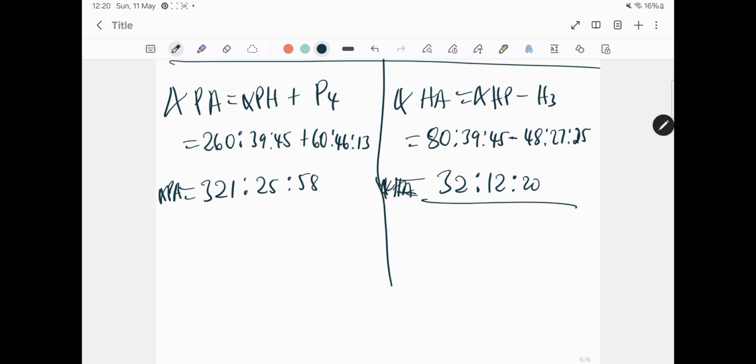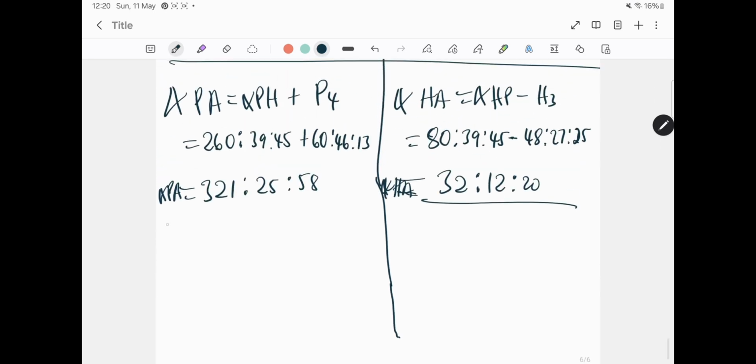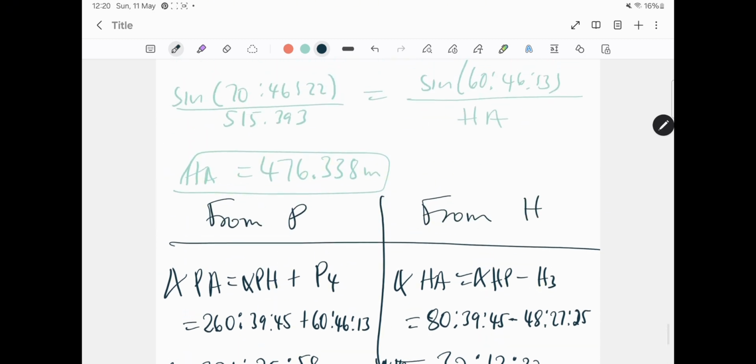From here, you can just do the normal calculation to get your dy and your dx. So remember, dy is equal to your HD sine your forward bearing. So this side, the HD is the PA. Remember, we're dealing with PA.